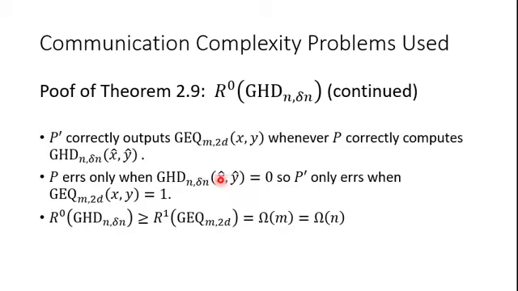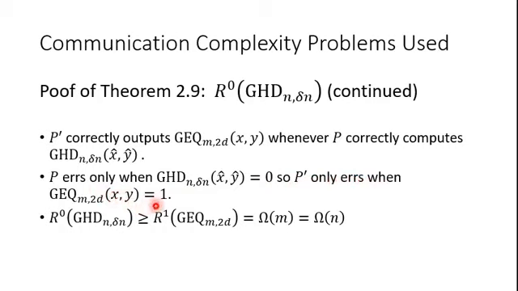So because p prime equals 1 minus p, we can see that p prime correctly outputs GEQ for xy whenever p correctly computes GHD for x hat, y hat. And we also can see that the way we defined p, it makes errors only when GHD of x hat, y hat equals 0. So this corresponds to p prime only making errors when GEQ of xy equals 1.